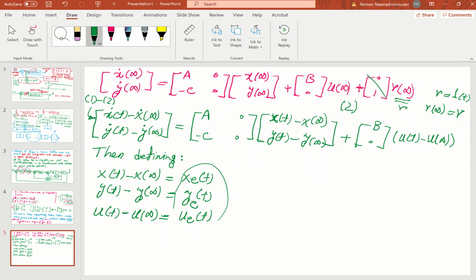If you implement these in this equation, simply you get this.